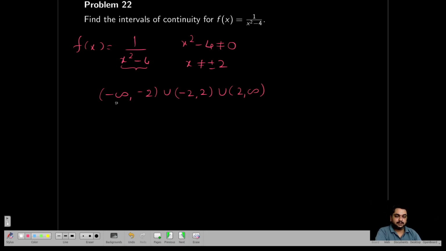That means this includes minus infinity to minus 1, then this includes minus 1, 0 and 1, and this includes greater than 2 to infinity. So you can write it with open brackets like this. That is the interval meaning.